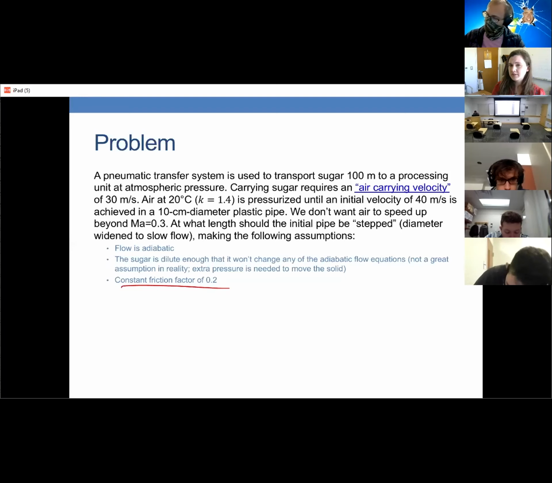Connor just asked whether we'll need a solver, and I said, actually, you should not need a solver for this.